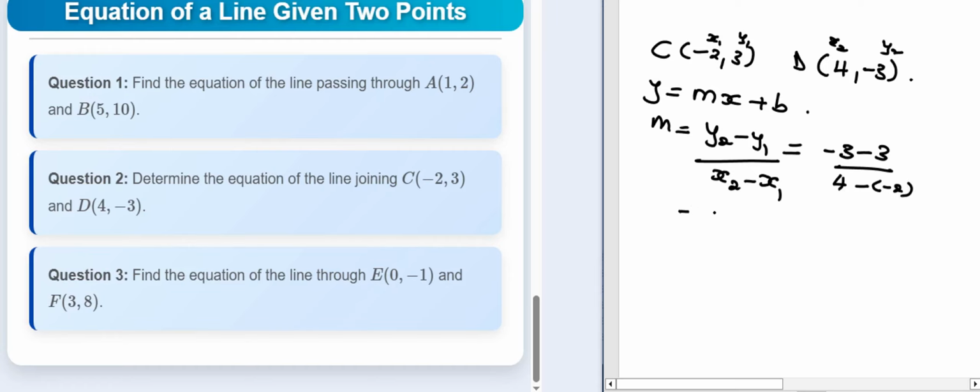So I get negative 3 minus 3, which is negative 6, divided by 4 minus negative 2, which is 6. So the gradient becomes negative 6 divided by 6, which is negative 1.